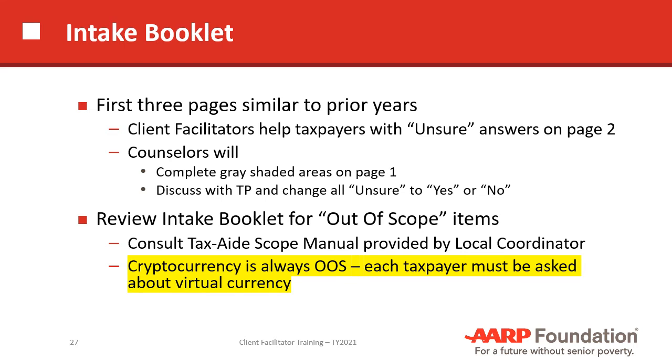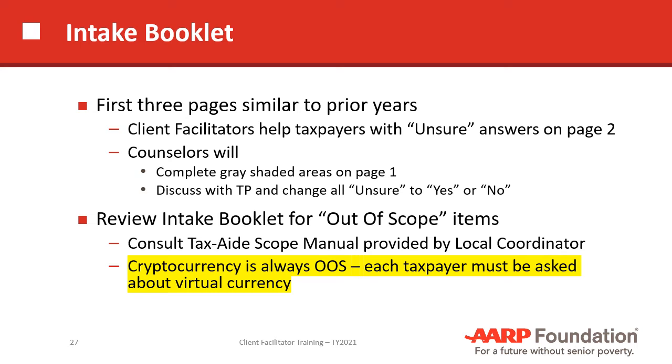Did this person provide more than 50% of his or her own support? Questions in that gray area are designed so that a counselor can establish what the filing status for this taxpayer will be. It's not something that the client facilitator can do, so they must leave that for a certified counselor.